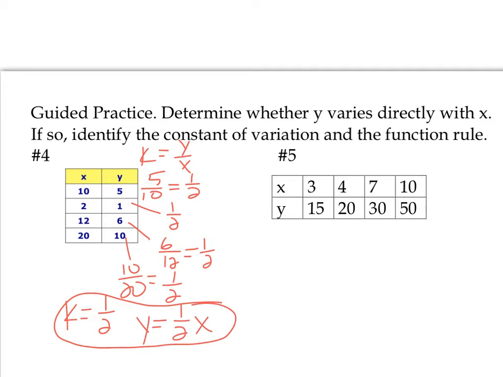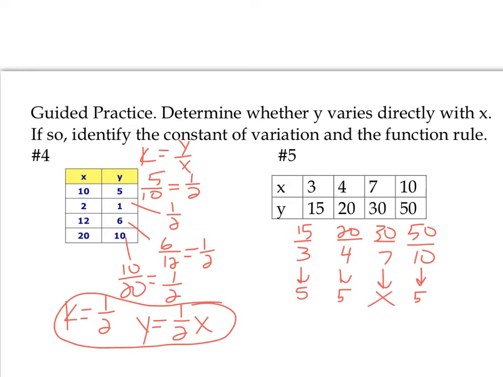In number 5, if we put the y value over the x value in all of these instances, we're going to find that most of them come out the same. 15 over 3, that's 5. 20 over 4, 5. 50 over 10 is 5. 30 over 7 is not 5. 35 over 7 would be 5. So this is not a constant of variation.